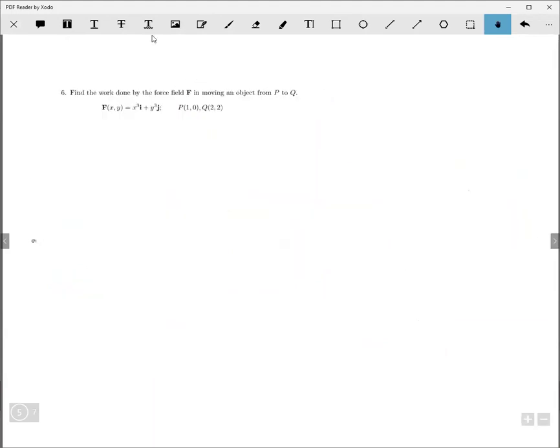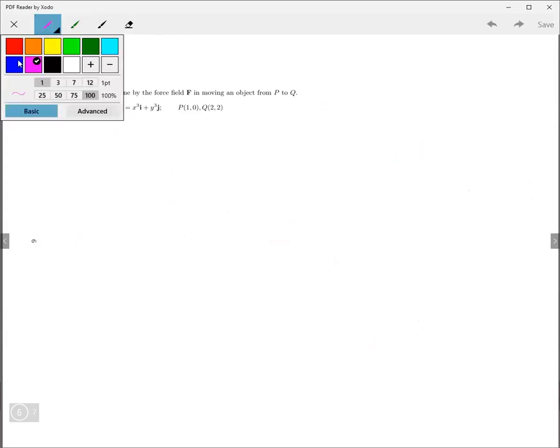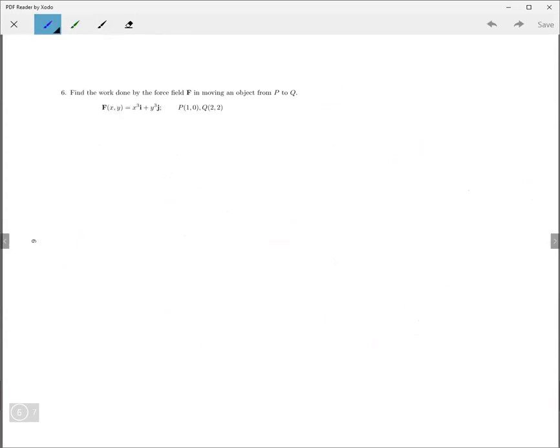Okay, so let's go to the next one, number 5. Here we're supposed to find the work done by a force field F in moving an object from P to Q. If you take the partial of P with respect to y, you're going to get 0.